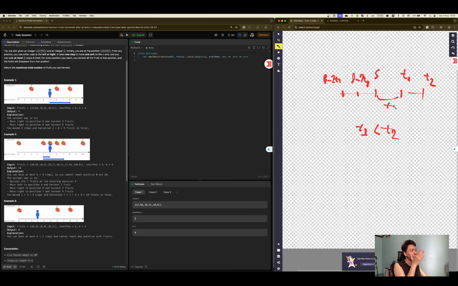The distance is T1, this is T2. And this is K minus T2, and this is K minus T1, not 2T1, and this is K minus 2T2. Because of this, we can figure out K minus T1 is actually larger than K minus T2.